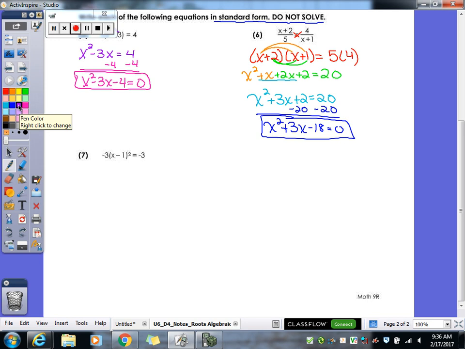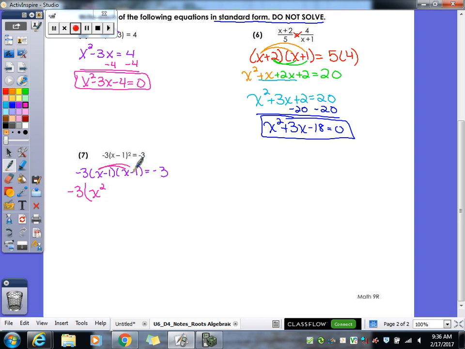Remember, x minus 1 squared means it's x minus 1 times x minus 1. So you got to write that out twice so you actually multiply it correctly. So x times x, I'm going to leave my negative 3 out in front right now. X times x gives us x squared.